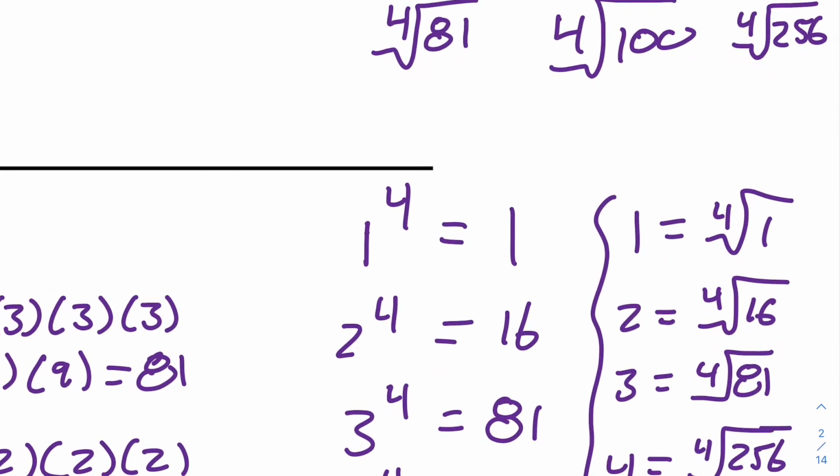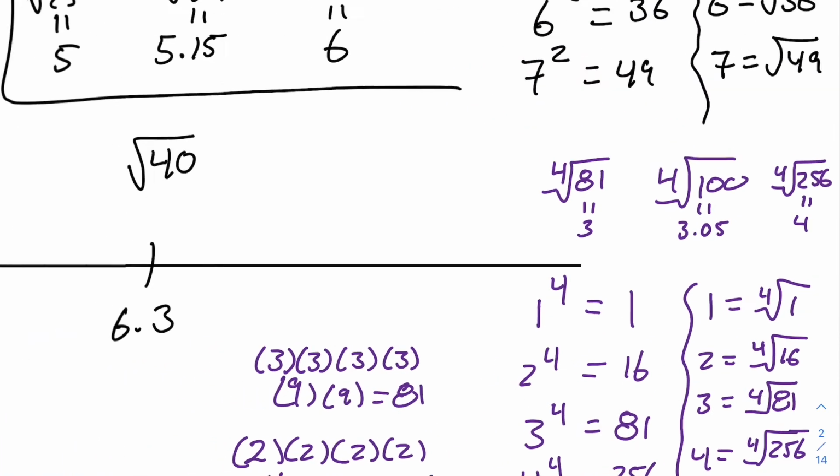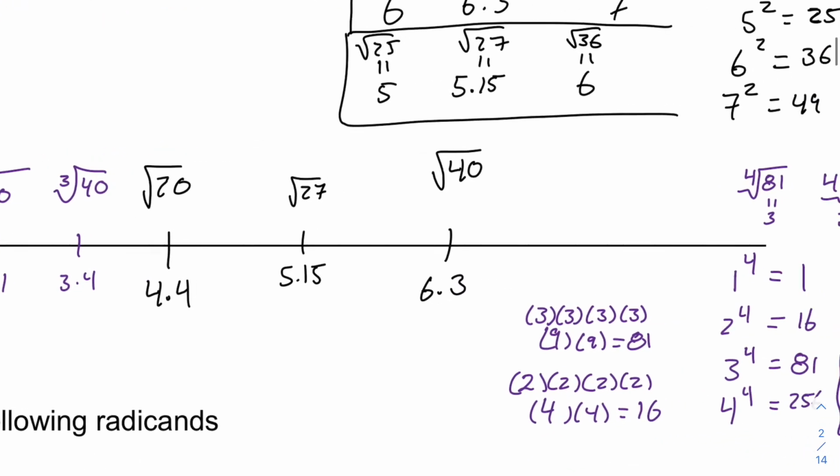Okay, now the fourth root of 81 equals 3. And the fourth root of 256 equals 4. Now, 100 is much closer to 81 than it is to 256. Way closer, in fact, that I'm going to make this roughly 3.05. Okay, could be 3.1.